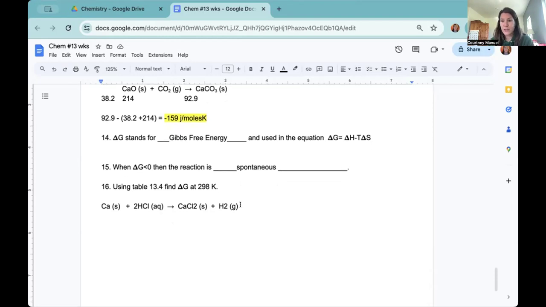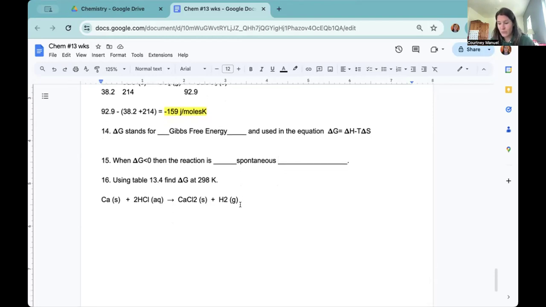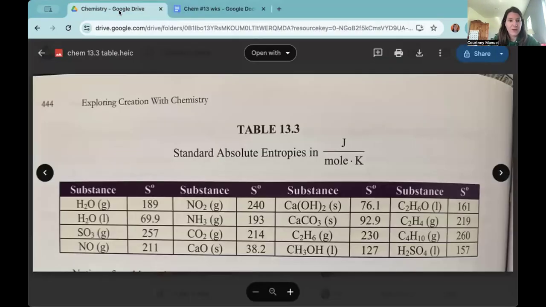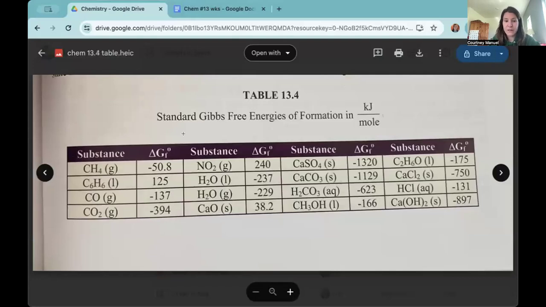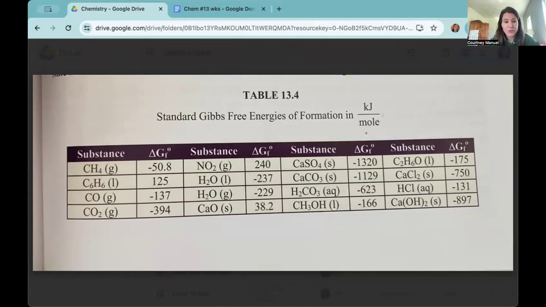All right, so we're going to use our last table, 13.4, and we're going to find our Gibbs free energy for this equation. Here's our 13.4, standard Gibbs free energy, in kilojoules per mole. The first one is our calcium.